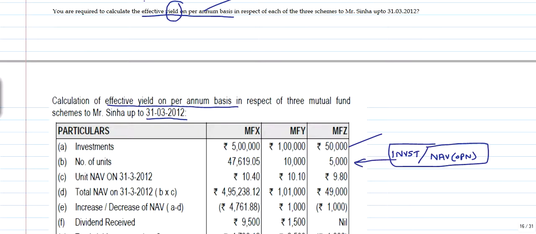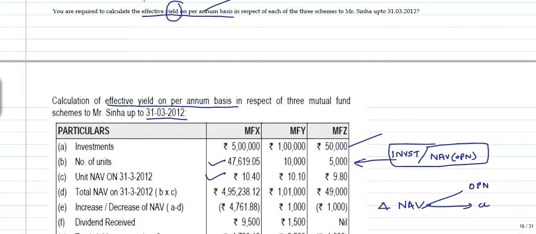So you will get the number of units, very simple. Unit NAV on closing NAV is already given, because we have to find out the changes in the NAV.